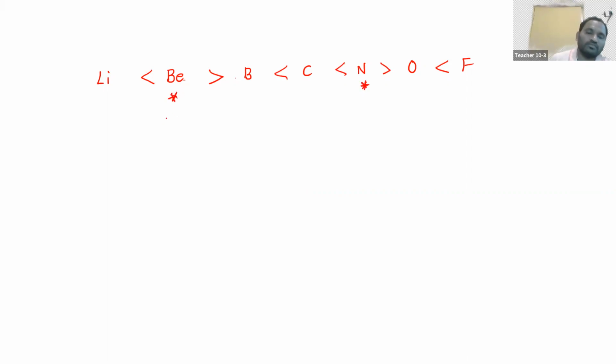Here, what is the reason? Penetration power, 2p1. Here, 1s2, 2s2, 2p3 configuration is half filled. Here there is no half filled configuration.